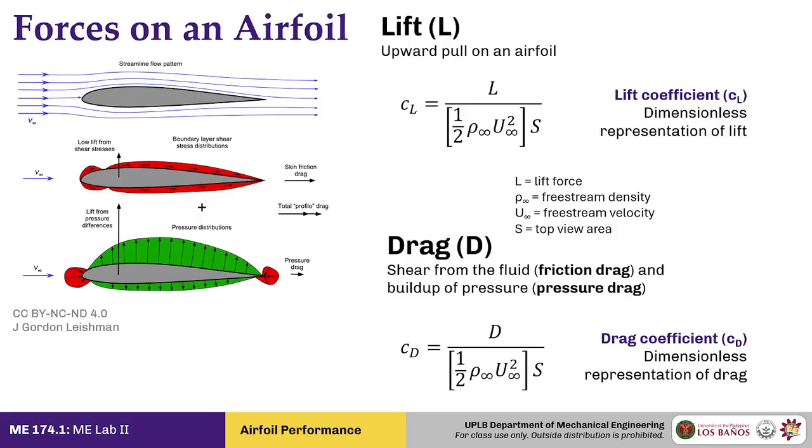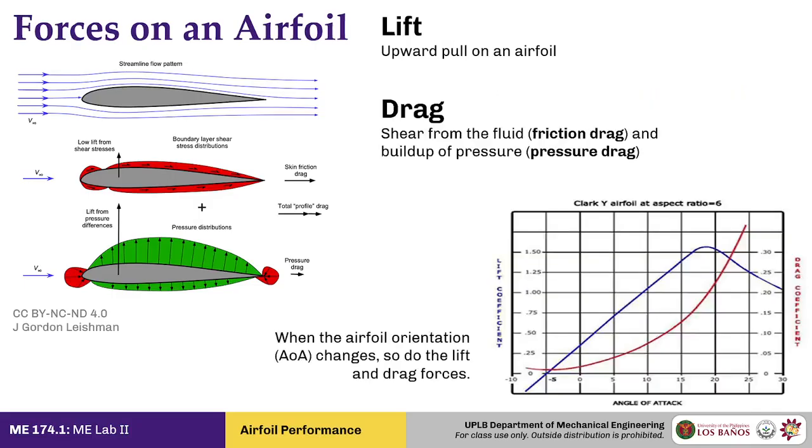And if you plot that with respect to the angle of attack, you get this particular set of curves. Now, the x-axis is, of course, the angle of attack, but the vertical axis depends on the curve. Here, blue indicates the lift coefficient, and red is the drag coefficient.